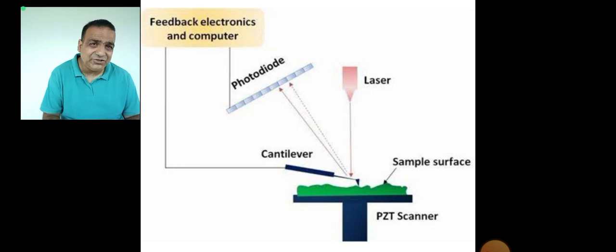So the advantage in case of atomic force microscope here is that we don't need any kind of vacuum. We can perform the experiment where we can have intermediate presence of air, because there's no involvement of probing of the particles from the tip of the cantilever to the surface of the sample. So there happen to have some advantages of atomic force microscope over other microscopes that we have already discussed, like scanning electron microscope and scanning tunneling microscope.